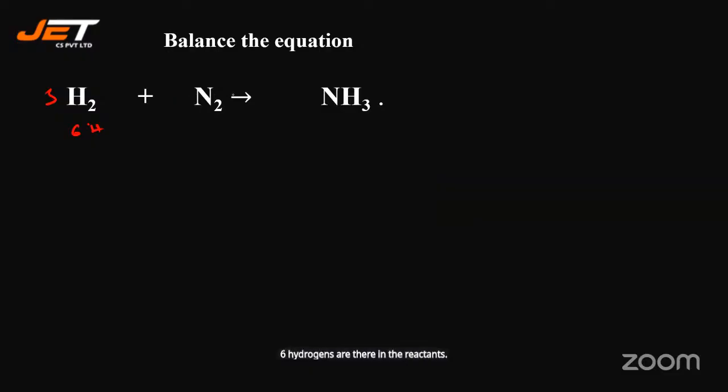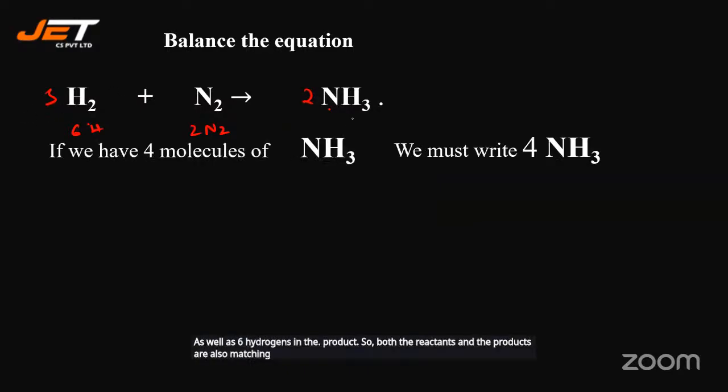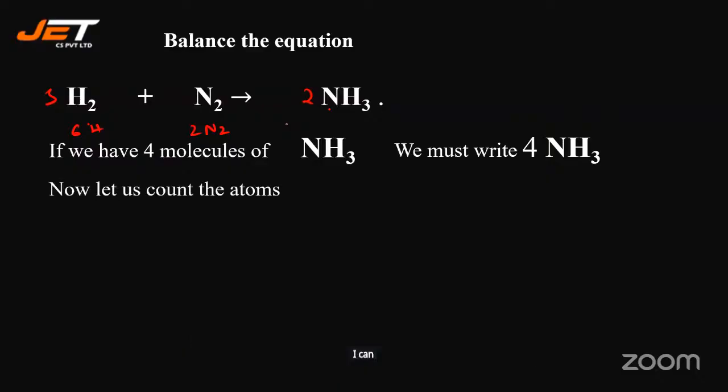If I am multiplying ammonia with 2, then there are 2 nitrogen atoms in the reactants. At the same time 2 nitrogens in the product, as well as 6 hydrogens in the product. So ఇక్కడ మొత్తం టోటల్ గా నాకు మ్యాచ్ అవుతుంది కదా. Both the reactants and the products are also matching. That is how I can balance the equation. Okay.